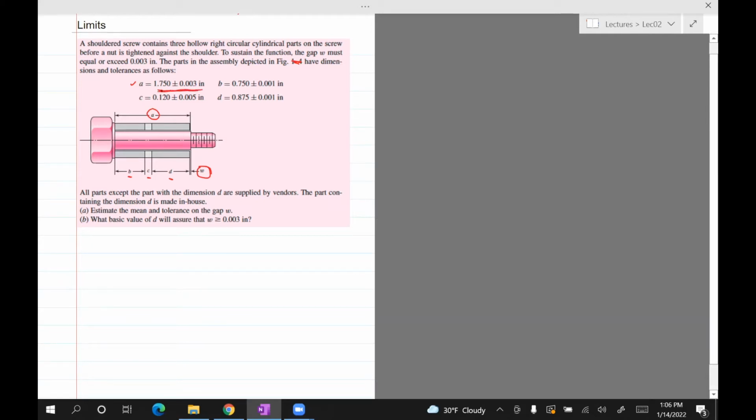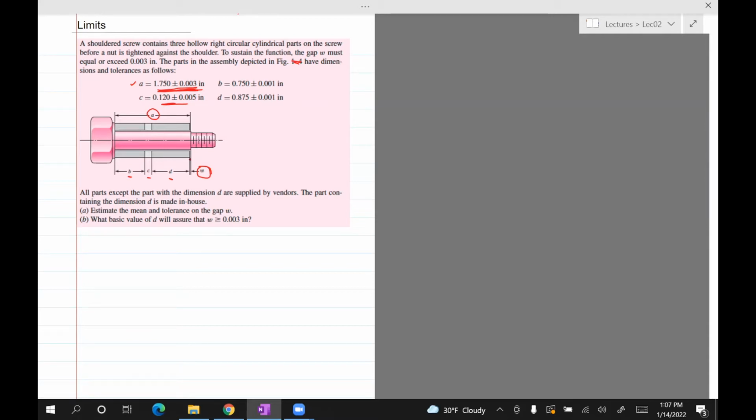So if you're not careful about their dimensions, then you will have a case where this W could either be, in this case there's a gap, but if B and C and D are such that they are bigger than the cumulative size of A, then they would not fit into this part. So there would be a problem there. So it's important to check the dimensions for W, and that's what we're trying to do.